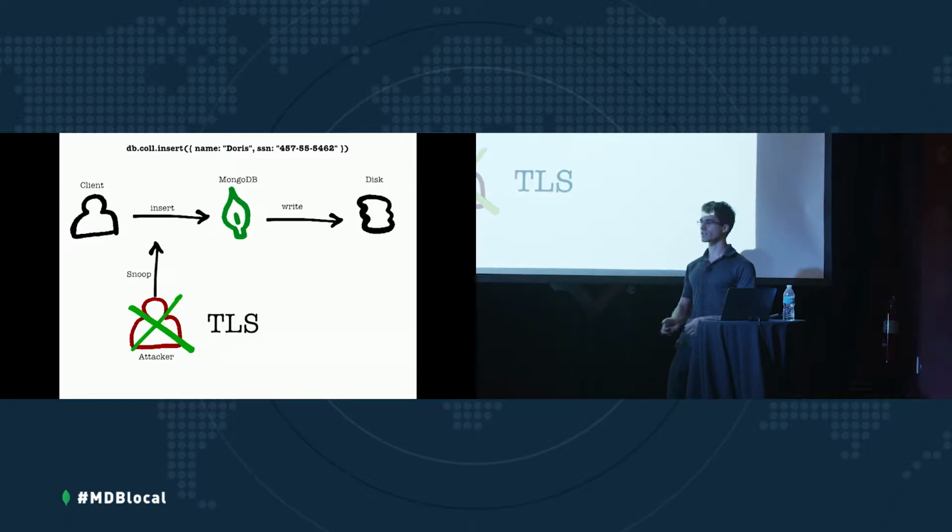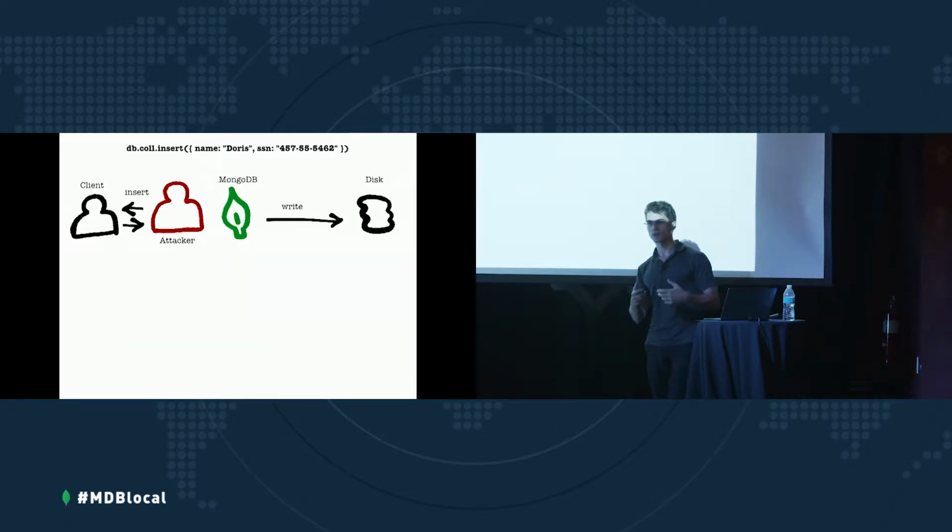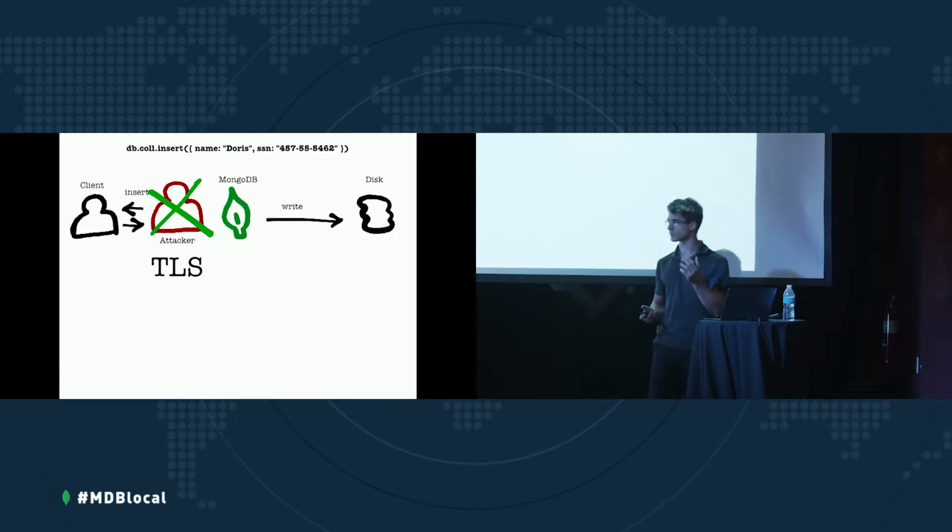So enable TLS to encrypt your network traffic between your client and MongoDB to prevent against that. An attacker could try to pose themselves as a MongoDB server, but fortunately TLS also validates the identity of the server using a certificate authority, so TLS protects against this.